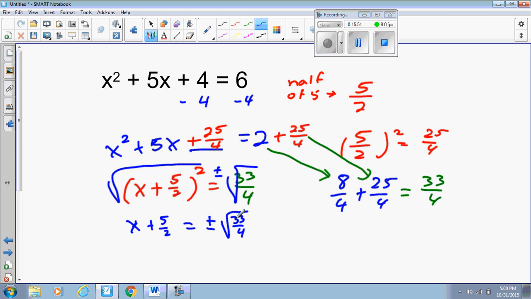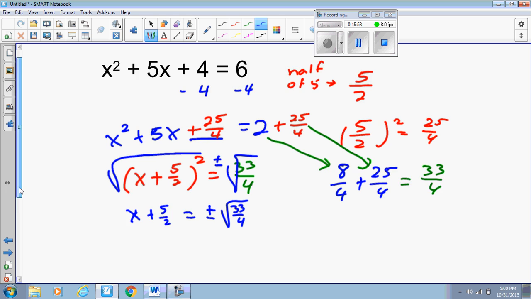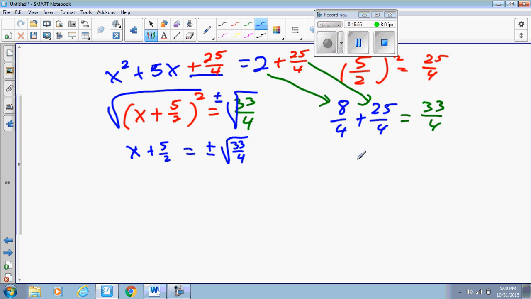Now I can do a couple of simplifications, because the square root of 33 over 4, oh, excuse me, I wrote that one wrong. The square root of 33 over 4 is the same thing as the square root of 33 over the square root of 4, which is the square root of 33 over 2.